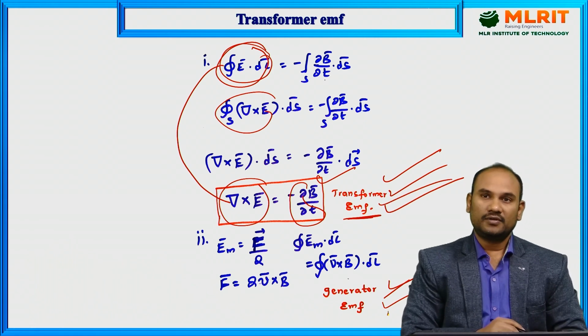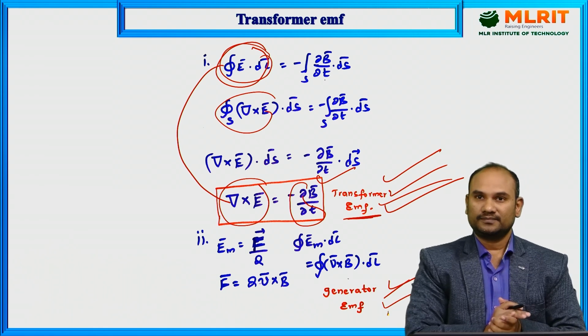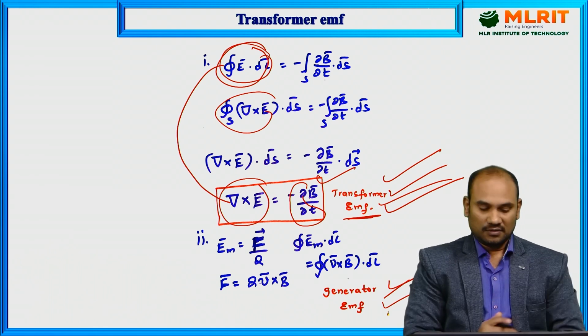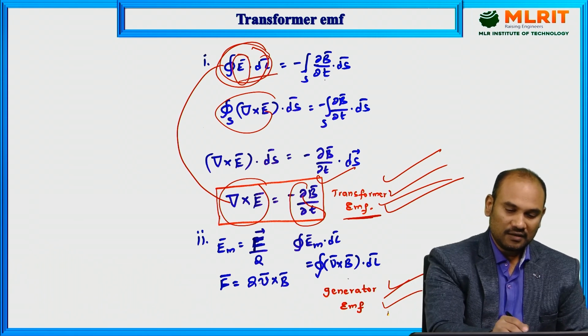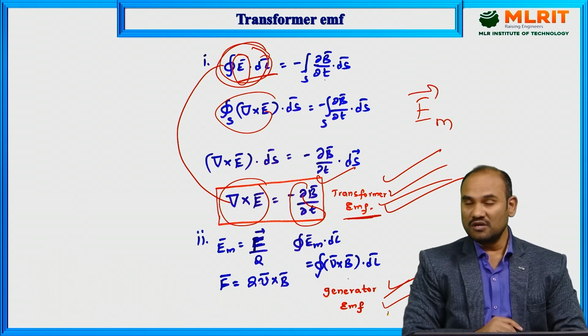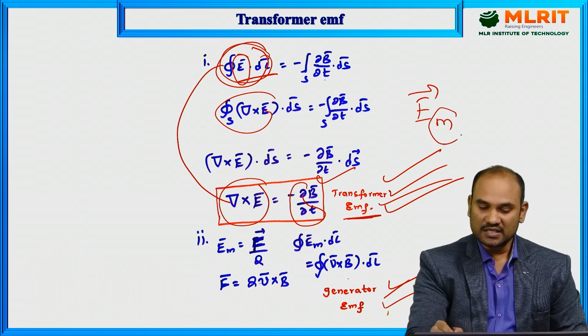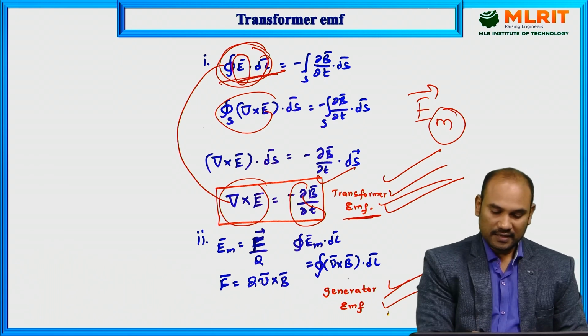Suppose you have a moving conductor and a steady magnetic field. Moving conductor means that in the case of E dot dl, we have to take E_m because there is motion of the conductor. M stands for motional aspect. In place of E dot dl, here we write E_m dot dl.